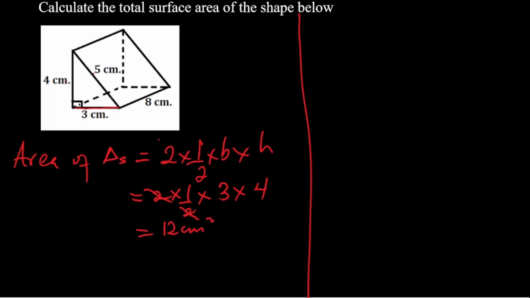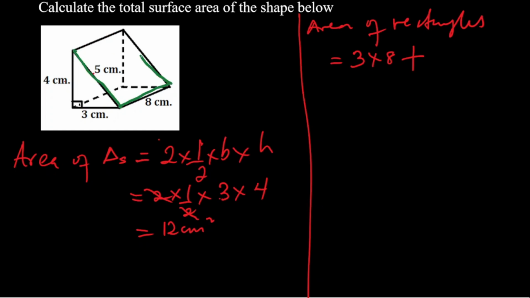The second one is the area of rectangles. We have 3 rectangles. The first one is 3 by 8. The second one is this one in green, which is 8 by 5, so 8 times 5.